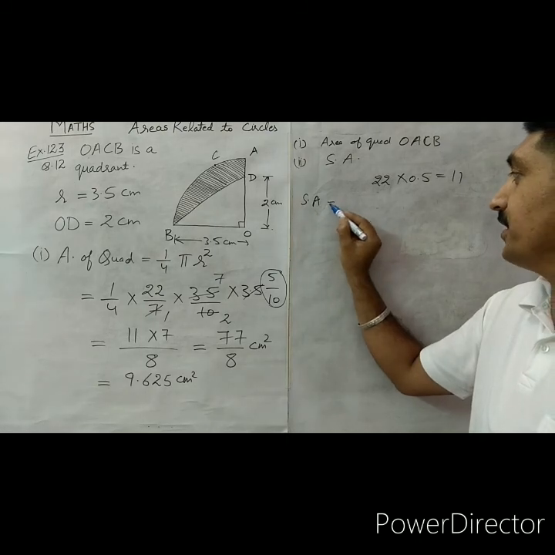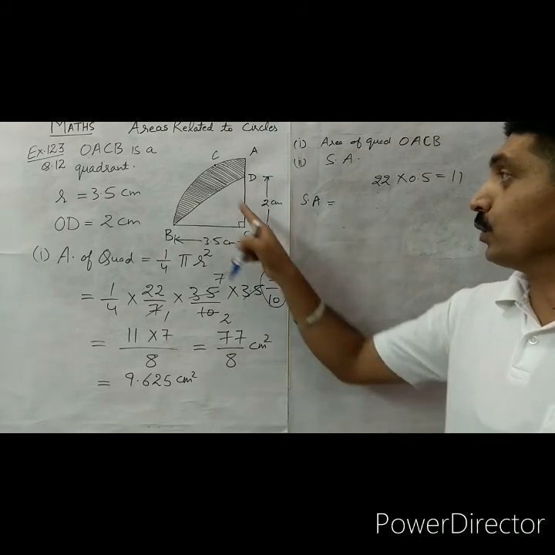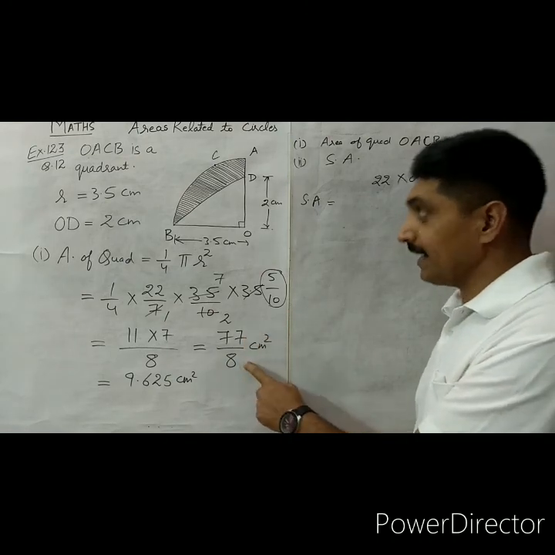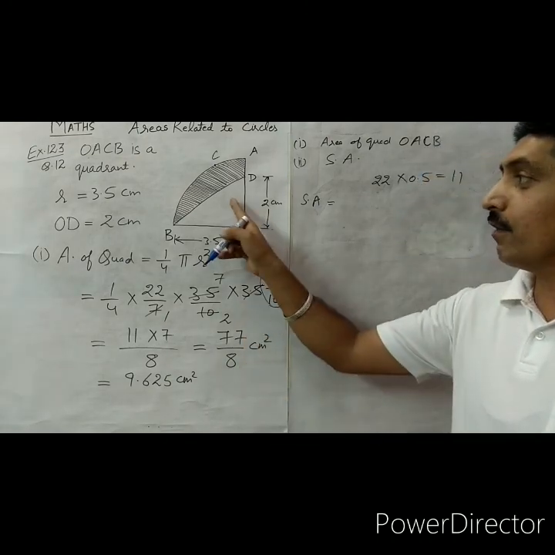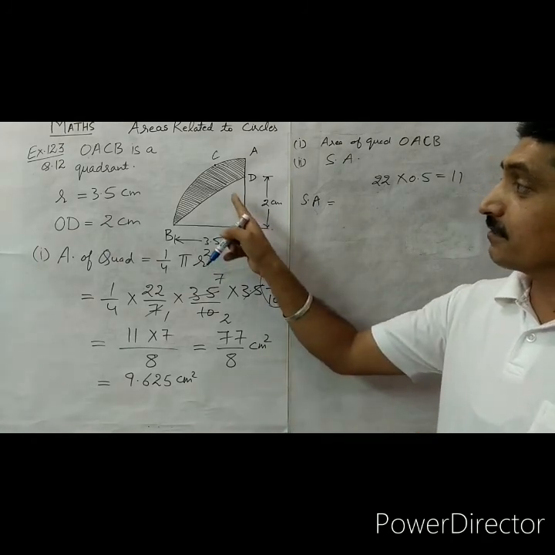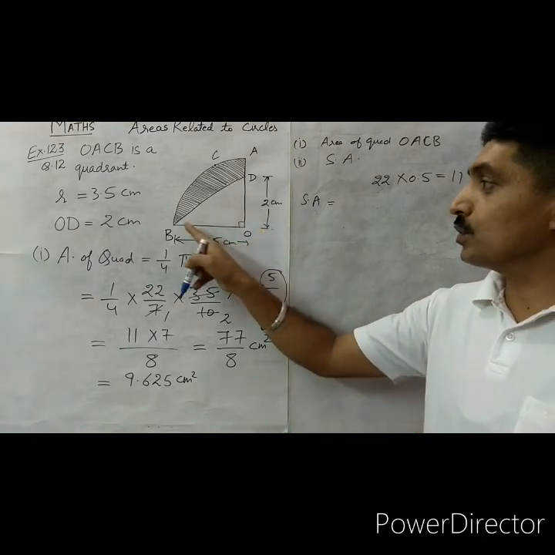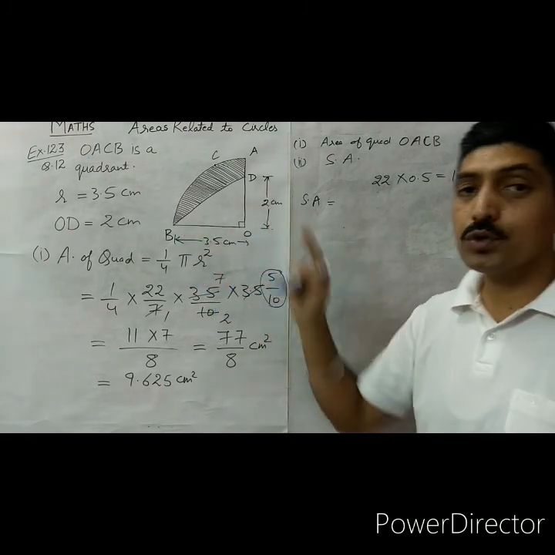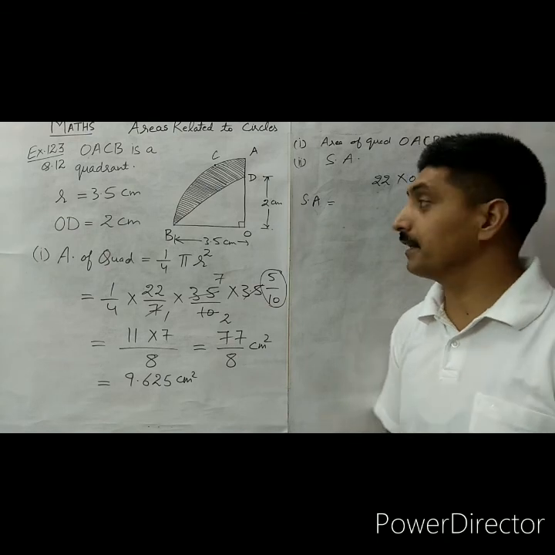Second part, this shaded area is equal to the area of the quadrant, that is 77 upon 8, minus the area of this triangle. The area of this triangle, a right angle triangle whose base and altitude are 3.5 and 2 centimeter respectively.